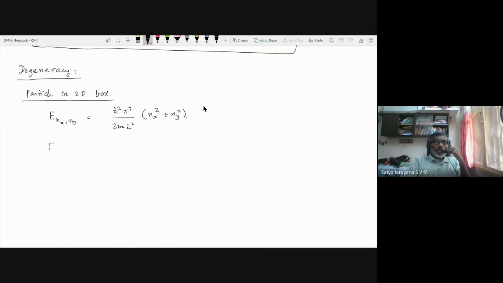Now, if you take nx and ny both equal to 1, this is given by 2 h bar square pi square by 2mL square. So this is basically the ground state.